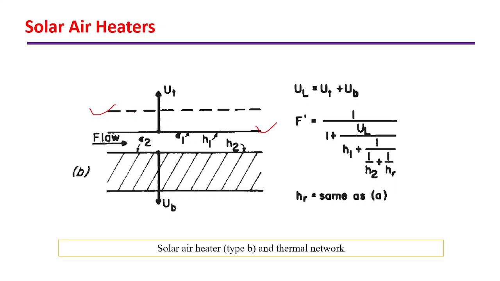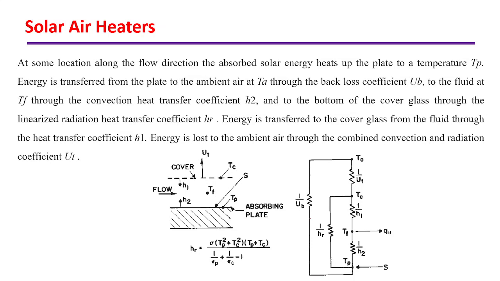In that case, the formula for the collector efficiency will change slightly, and it will account for the overall heat transfer and the heat transfer coefficient for the absorber plate and the cover plate, and HR, the radiation heat transfer coefficient, will be the same as for the type A kind of system. Okay, so these are the very basic things.